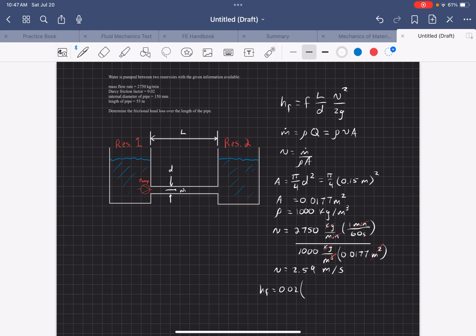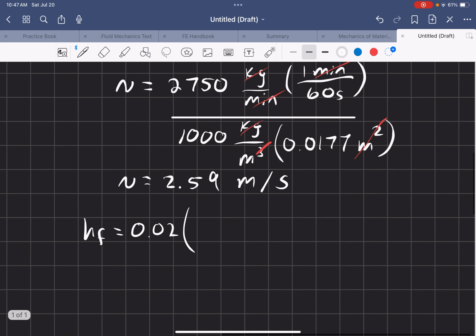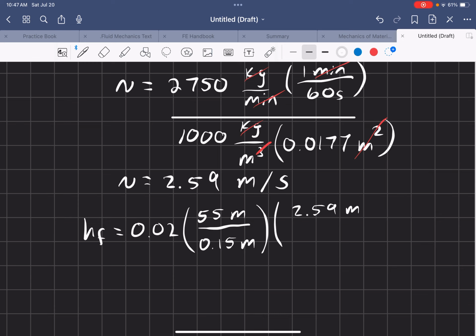The diameter of the pipe is 0.15 meters. Times the velocity squared, 2.59 meters per second squared, divided by 2 times 9.81 meters per second squared.